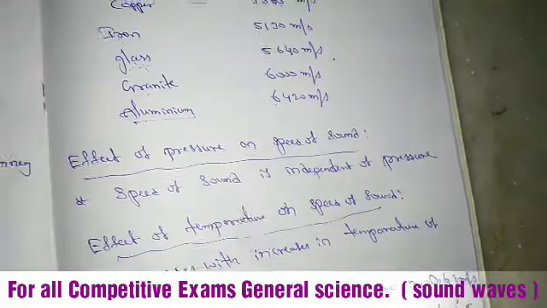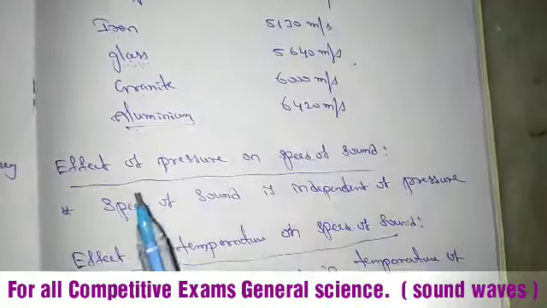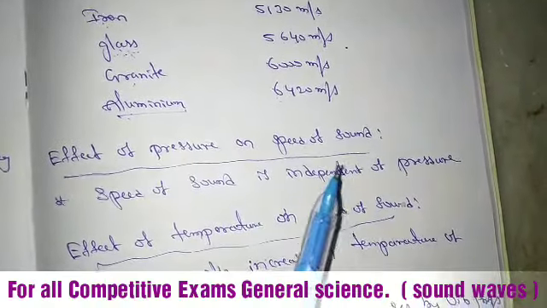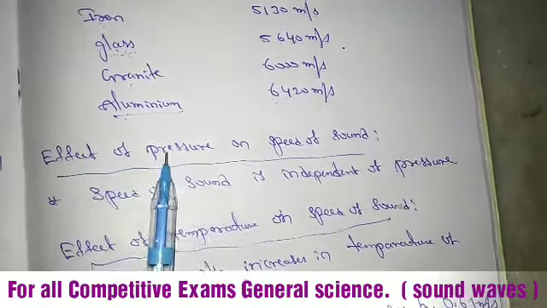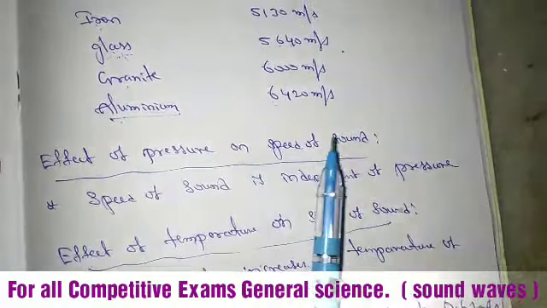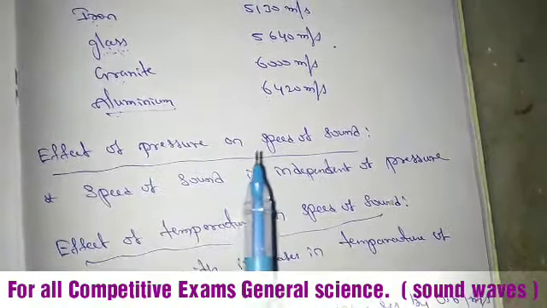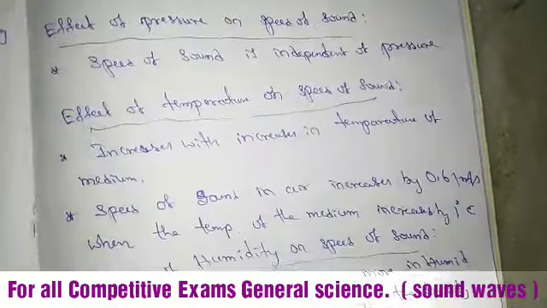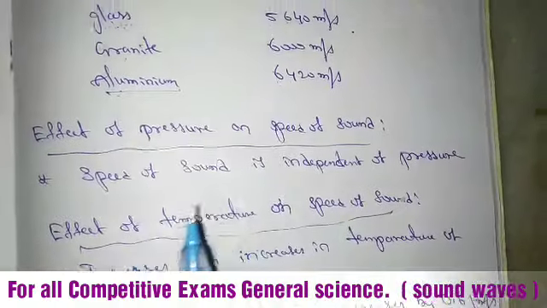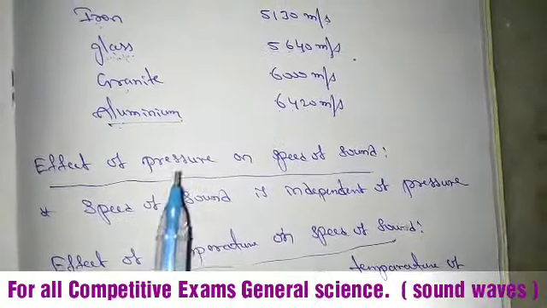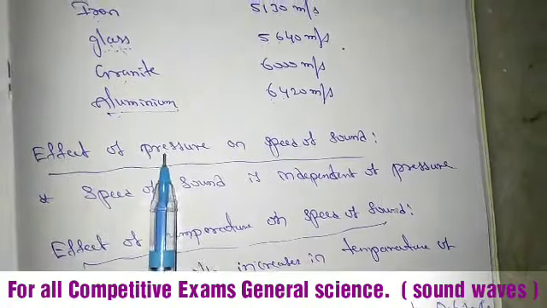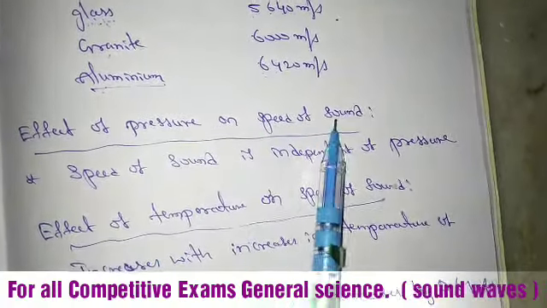Okay, and we are going to discuss another most important concept about the speed of sound: the effect of pressure, temperature and humidity on the speed of sound. First, pressure. If the pressure increases or decreases, what happens to the speed of sound?